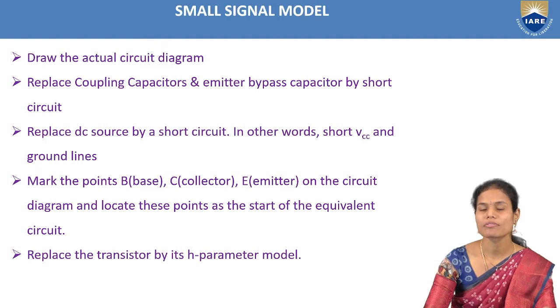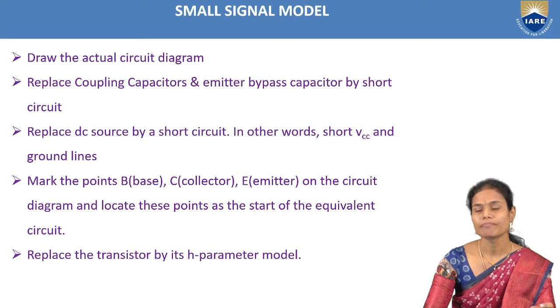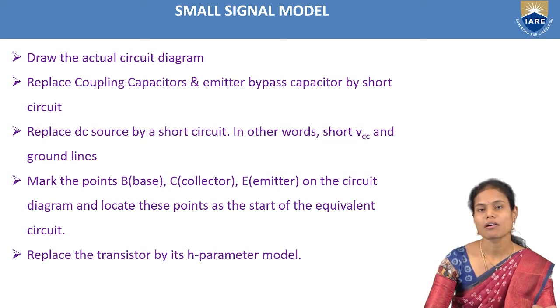In that, first of all, we have to take the basic amplifier circuit. In that, we have to replace the coupling capacitors, and all the remaining capacitors should be short circuited. And then we have to replace all DC sources by short circuit.